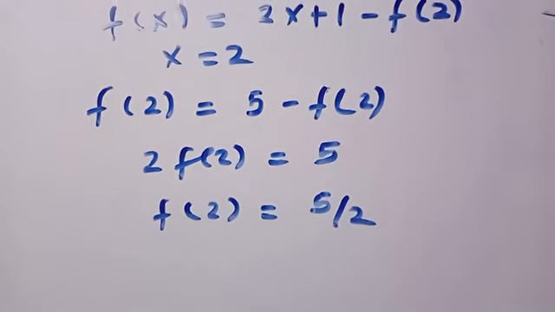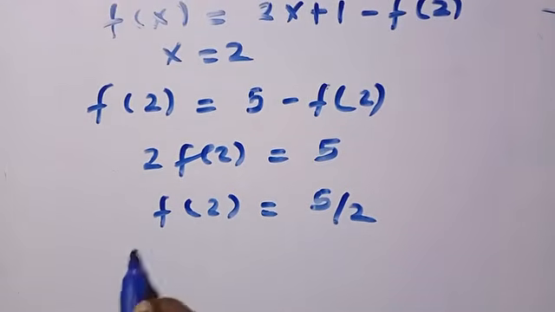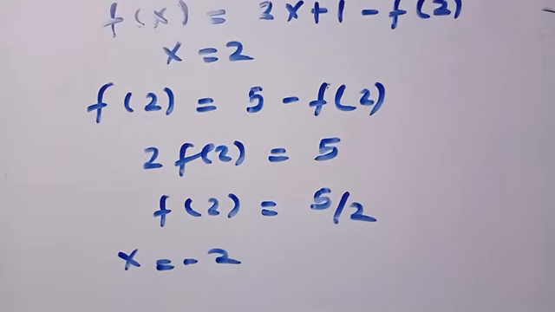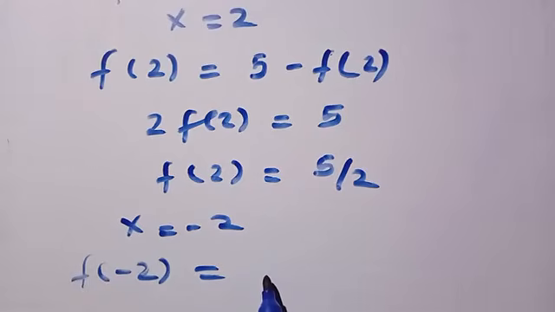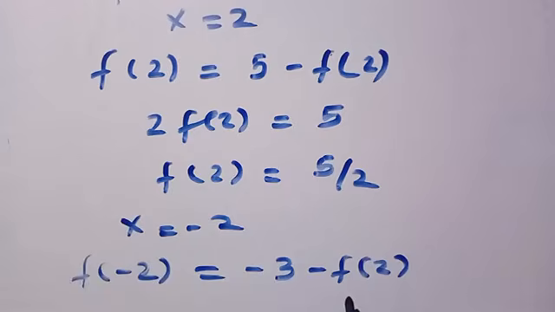Again, let's try and let x equal minus 2. So if x equals minus 2, we are going to have f of minus 2 equals, so by introducing x to 2x minus 1, we are going to get minus 3 minus f of 2.